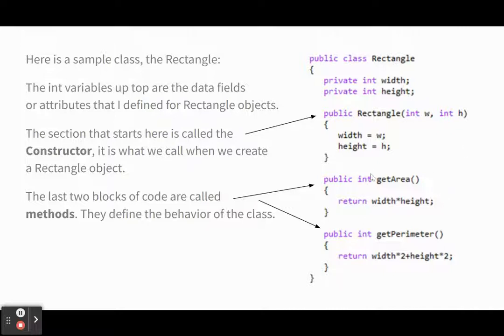And then these last two blocks of code, as you know, contained by the curly brackets, are called methods. If you call the get area method, Java calculates it and returns it, hands it back to whoever called for that. And same with get perimeter. It's the width times 2 plus the height times 2.